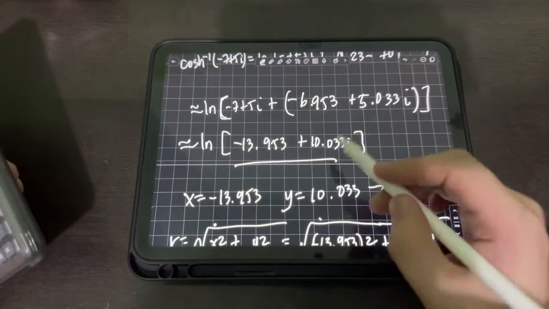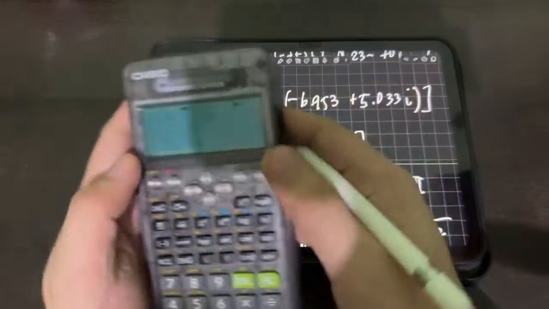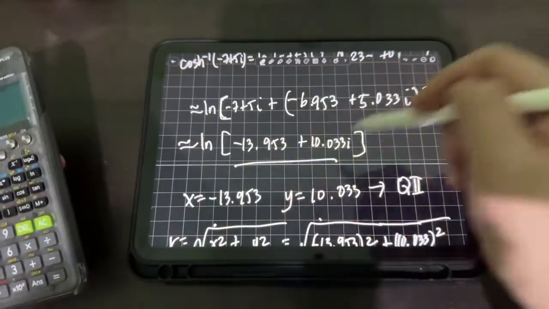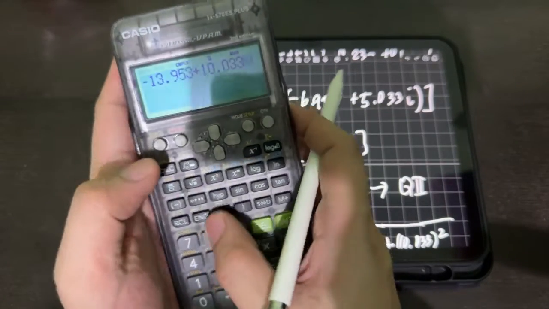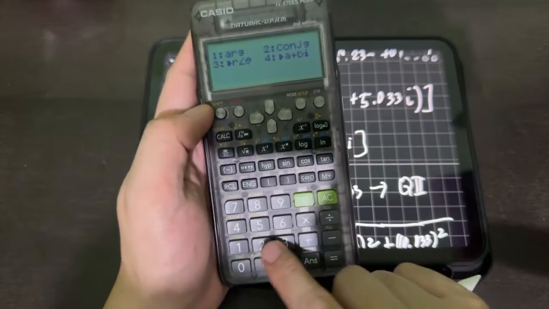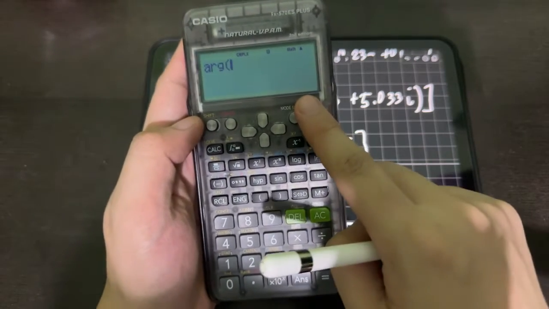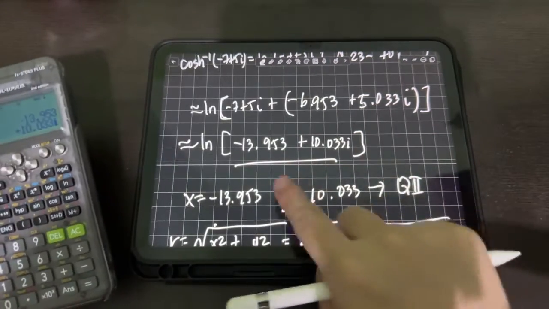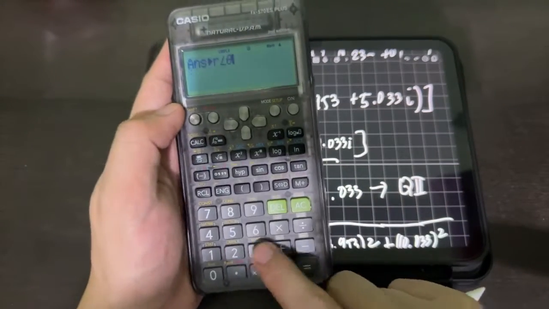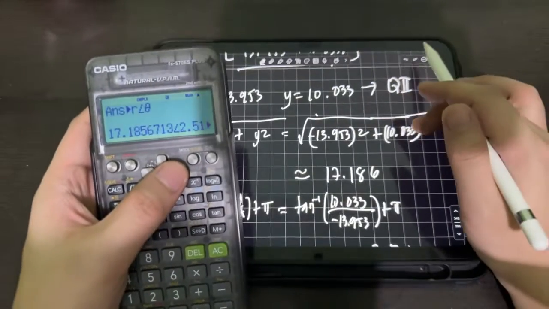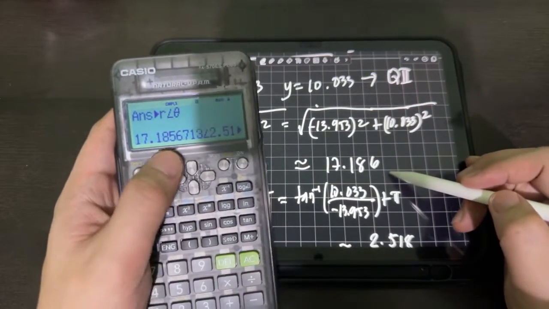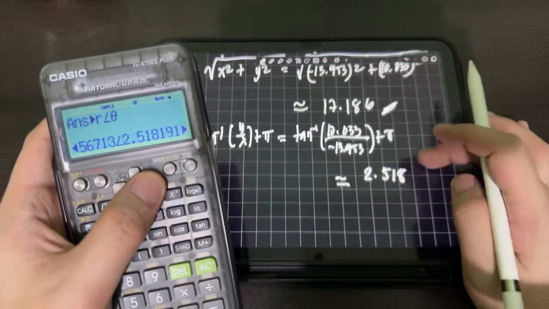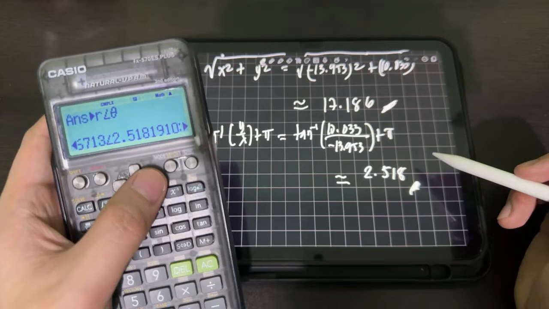Or you can input this directly in your calculator. Negative 13.953 plus 10.033i. Then shift to 3. So 17.186 approximately the value of r. And then the argument theta approximately 2.518.